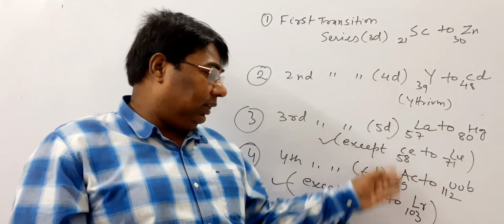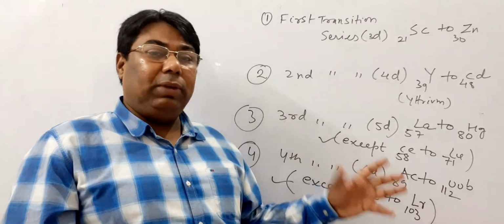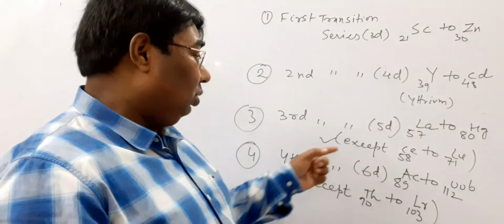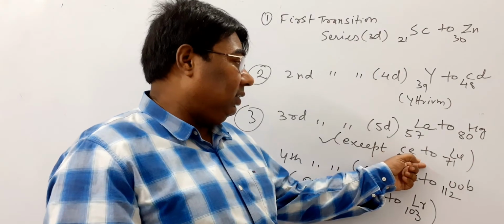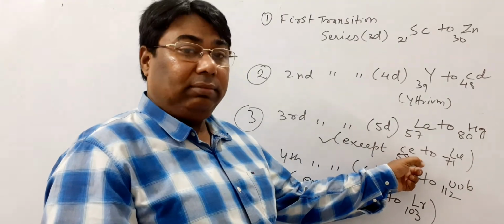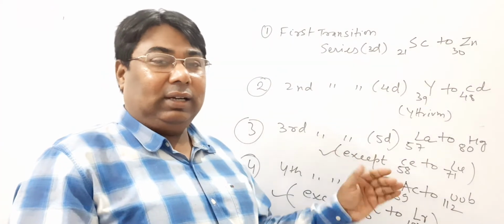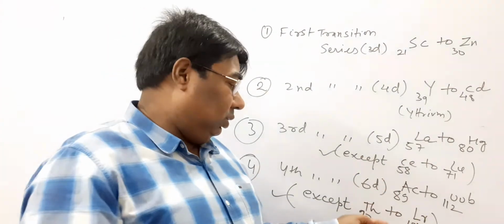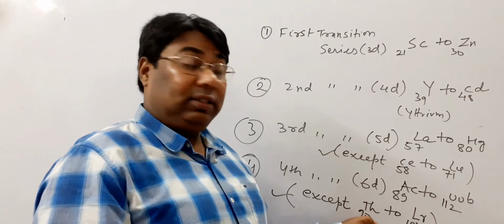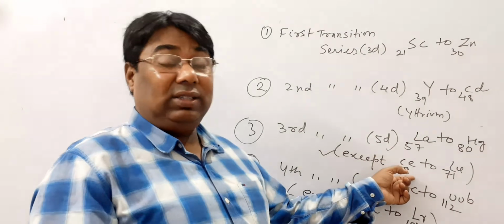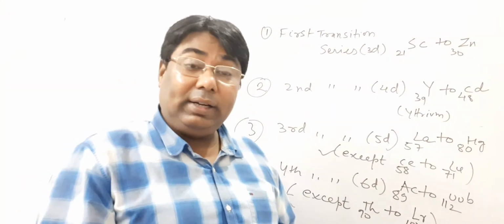These are the two series of elements which belong to the f block, and they are also known as the lanthanide series because they start after lanthanum, and the actinide series because they start after actinium, also called actinoid series or simply actinoids. The others are the lanthanide series or simply lanthanoids.